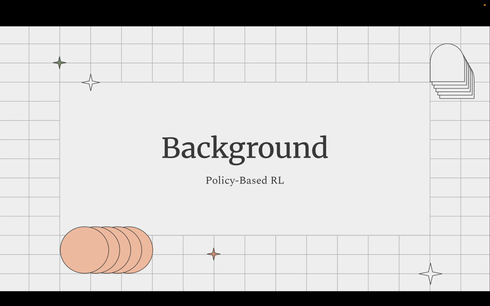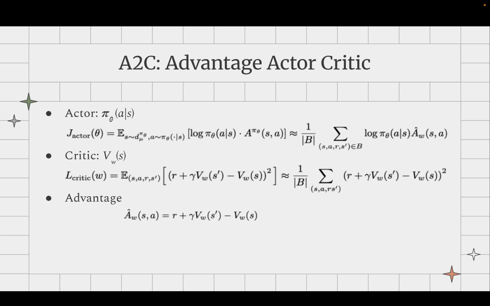Okay, let's go through the background really quickly. A2C is the simple advantage actor-critic algorithm. The actor represents a policy network, which gives the probability of a certain action under a certain state. And the critic is the value function, which is estimating the value of the state.